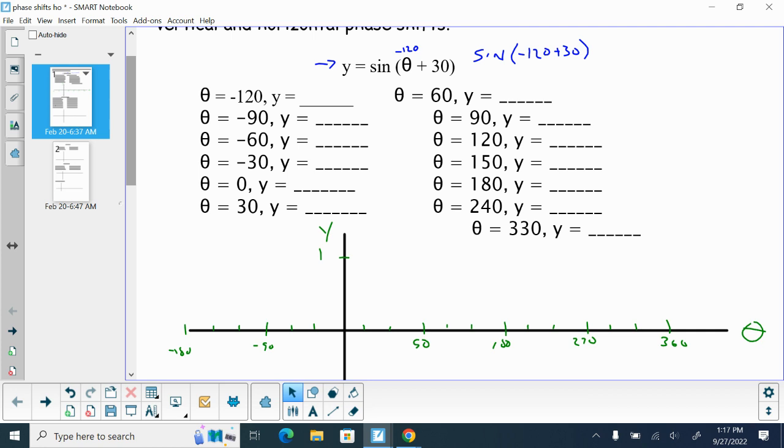Go ahead and find all your values here: sub in your values of theta and solve for y.